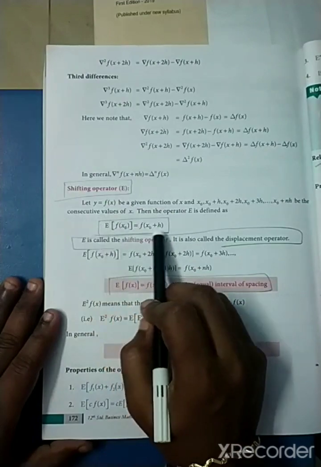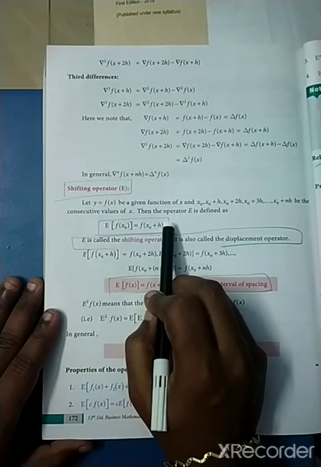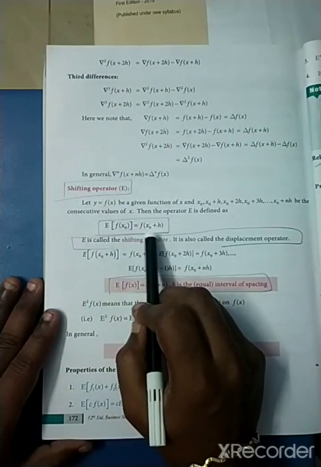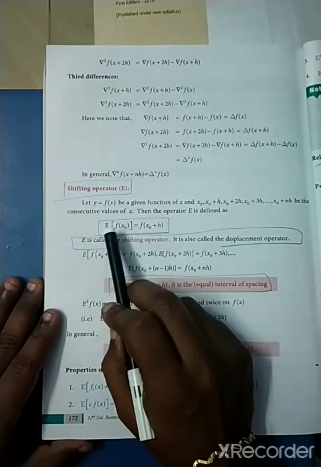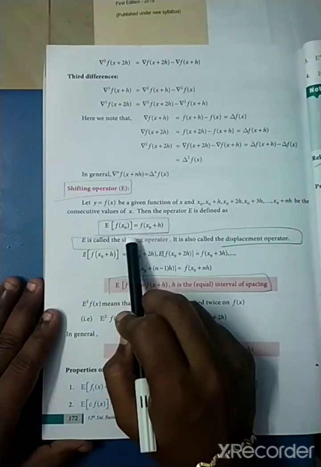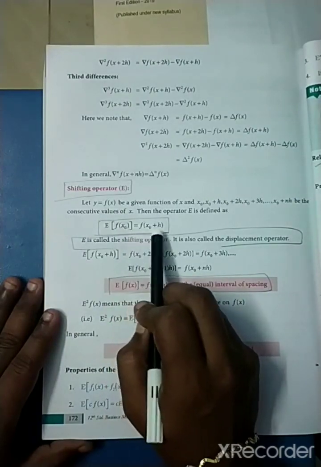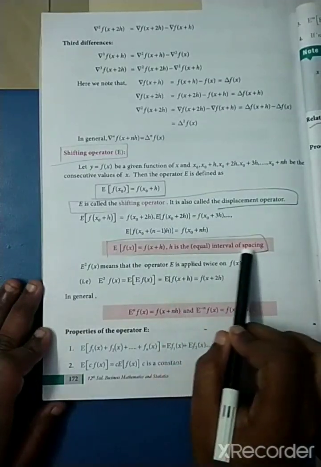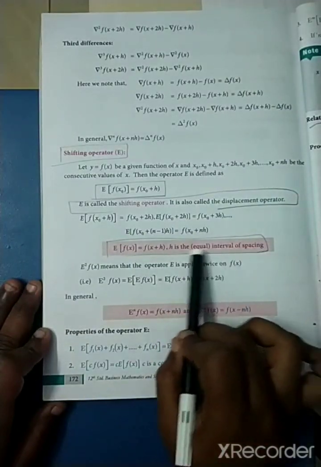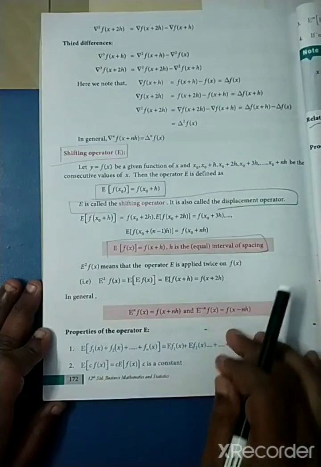This is a very important formula which will be required in the exercise problems. So the shifting operator of a given function is f of x naught plus h, where h is the equal interval.